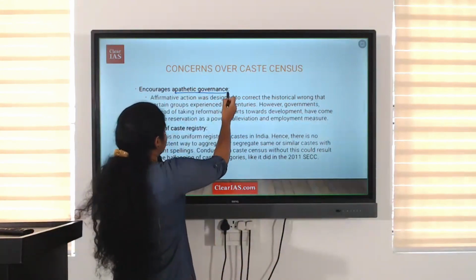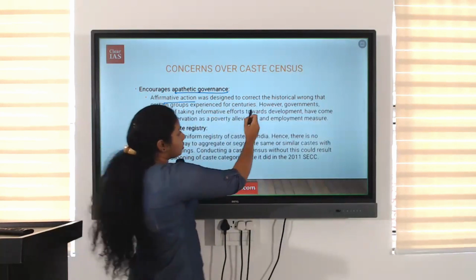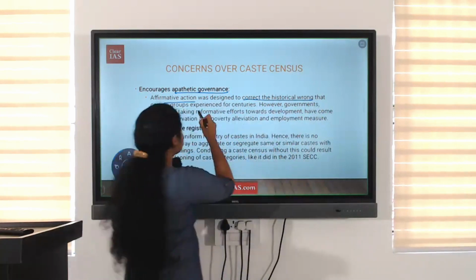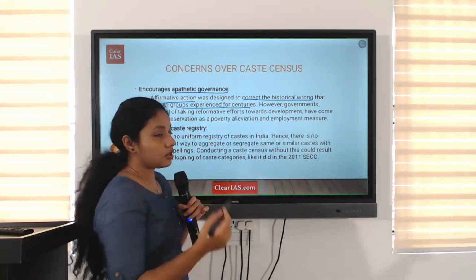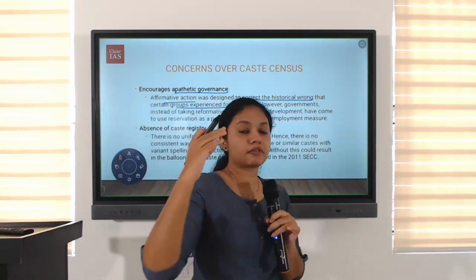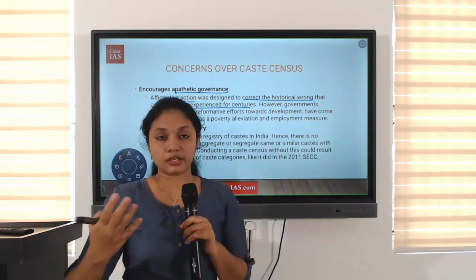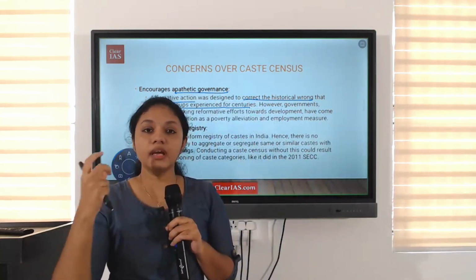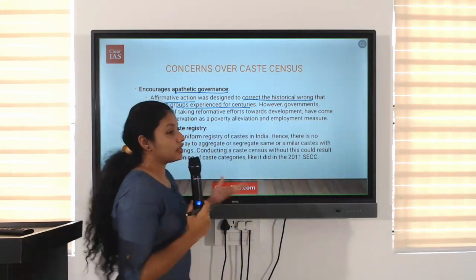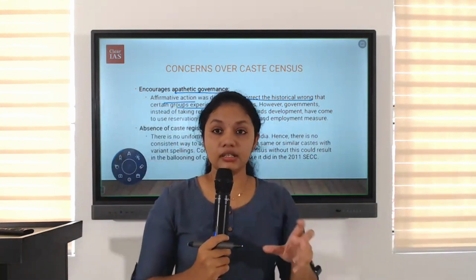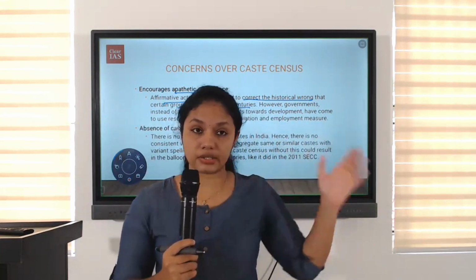Encourages apathetic governance. Affirmative action was designed to correct the historical wrong that certain groups experienced for centuries. Historical wrong means only some sections of the society, like the upper caste, had an advantage in earlier society. Why?